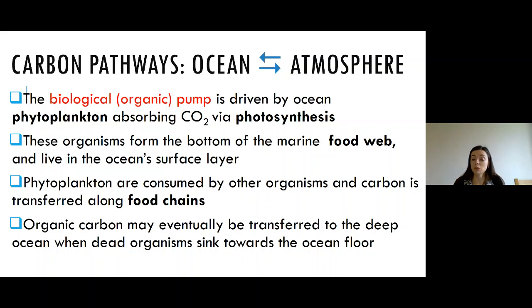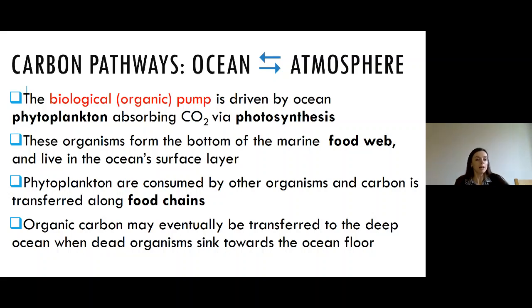Phytoplankton are consumed by other organisms and carbon is transferred along food chains. Organic carbon may eventually be transferred to the deep ocean when dead organisms sink towards the ocean floor. And that is the biological pump.